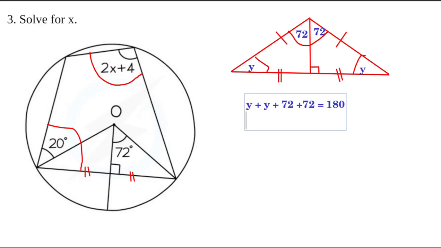Then from there I'm having 2y plus 72 plus 72, it's 144, is equal to 180 degrees.